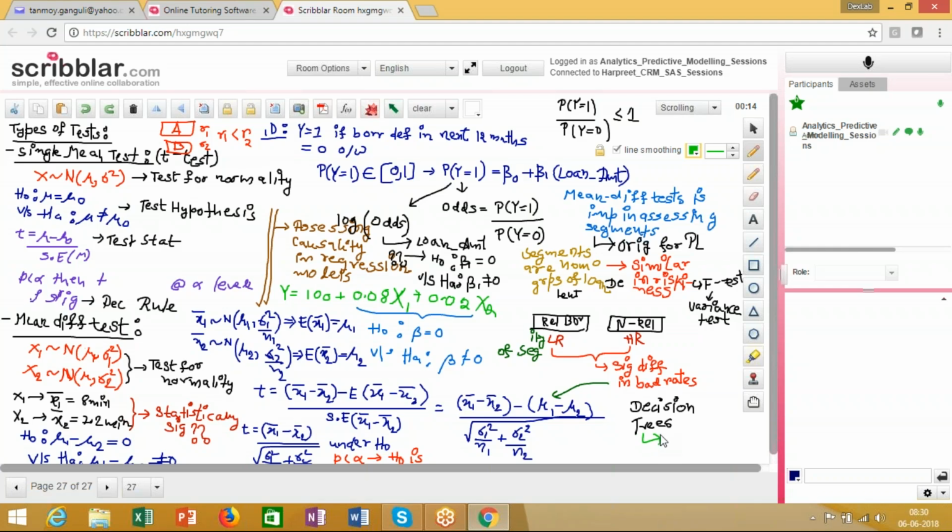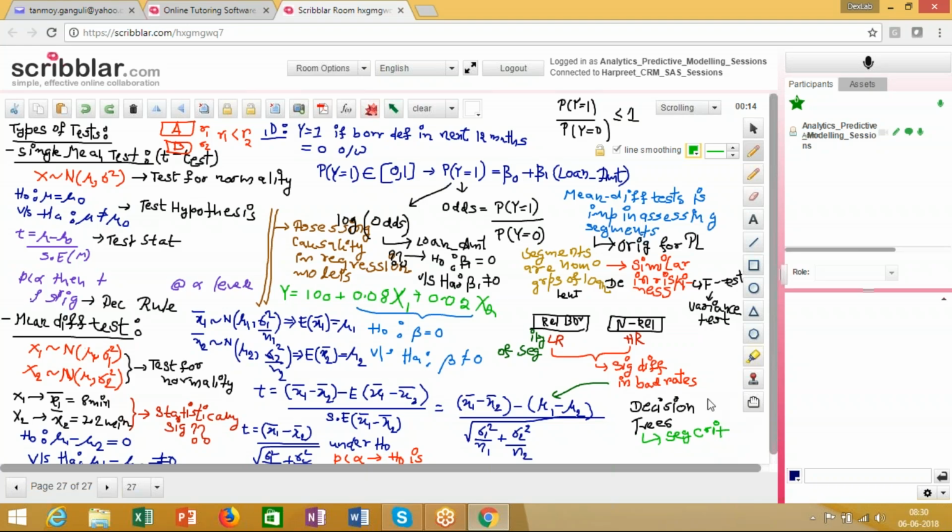So using the decision tree, the segmentation criteria is determined, and based on those, segments are created.